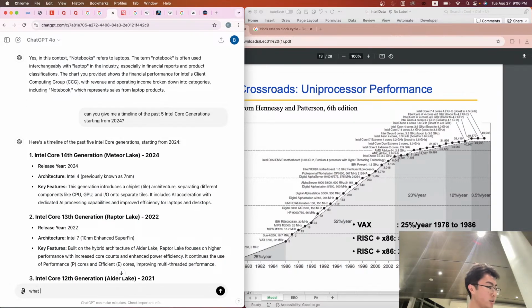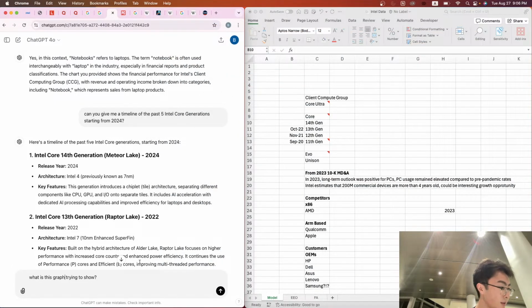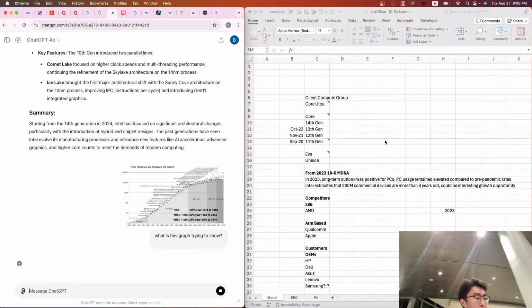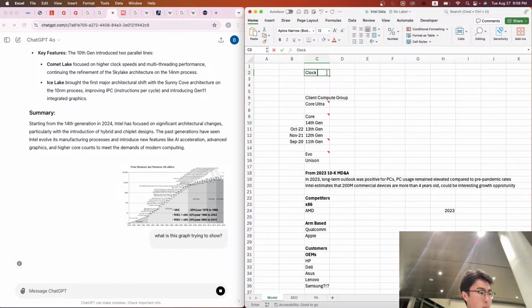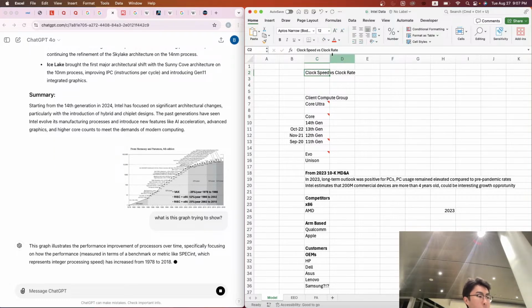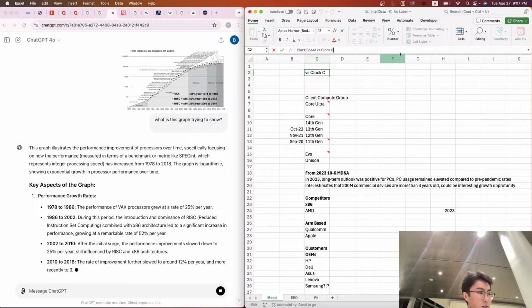So what is this photo trying to show? So we can just straight up copy this into it. Clock cycle.